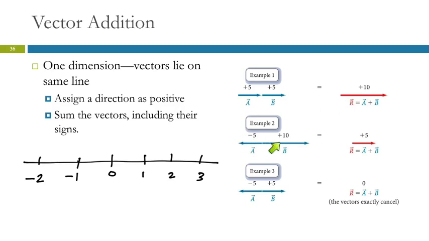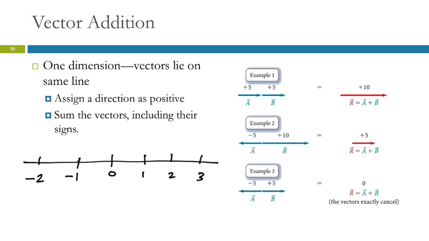In example 2, we have vectors pointing in opposite directions. So we could represent vector A as being a -5 if this is just a one-dimensional system. So this vector is -5, so going to the left 5, and this vector is +10, so 10 to the right. And then when you add those two things together, starting at 0, you go over -5, and then you go +10, and so you're going to end up with a net vector of +5.